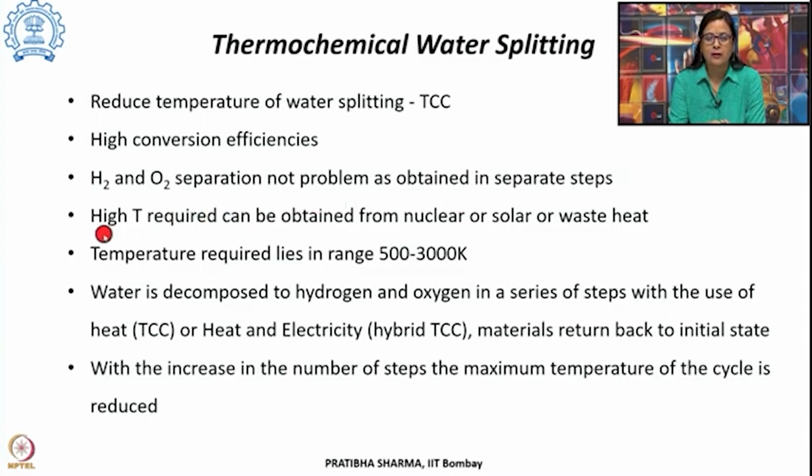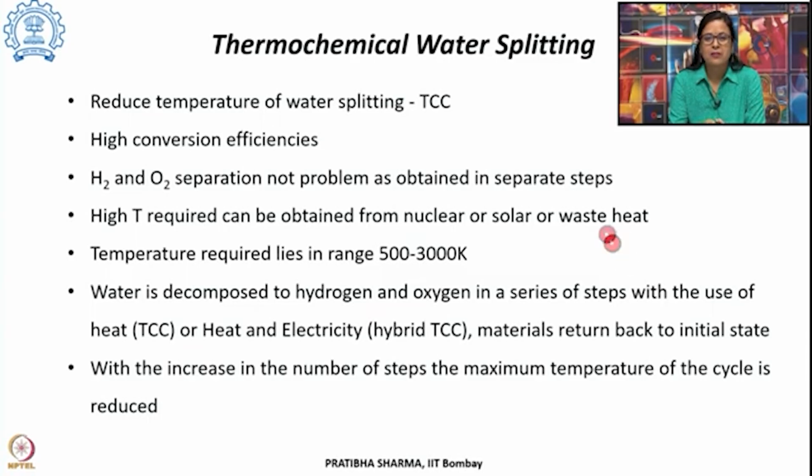The required heat for carrying out the reactions can be obtained from either a nuclear reactor or a solar thermal plant, or it could be obtained from waste heat or a process heat plant.